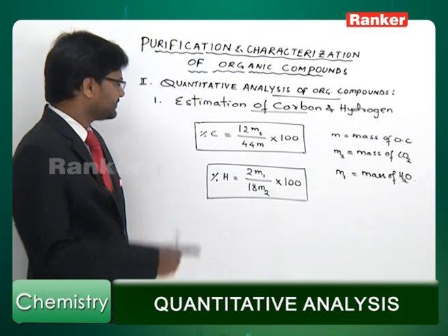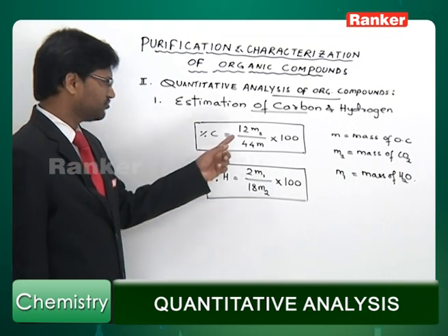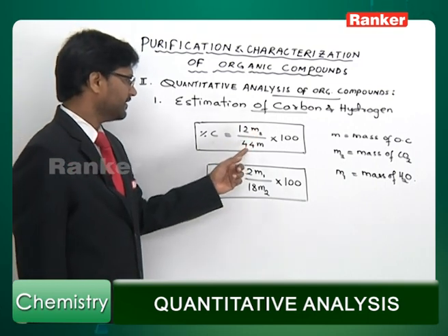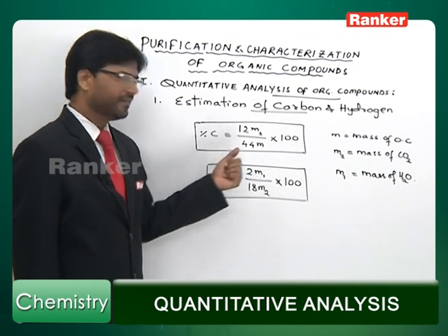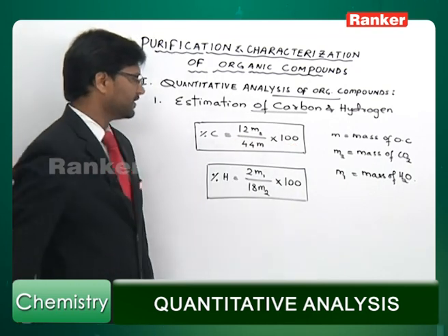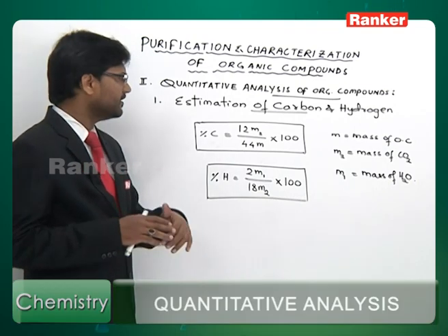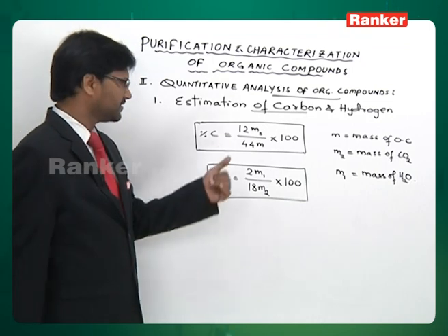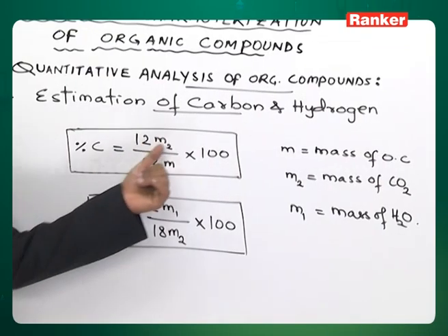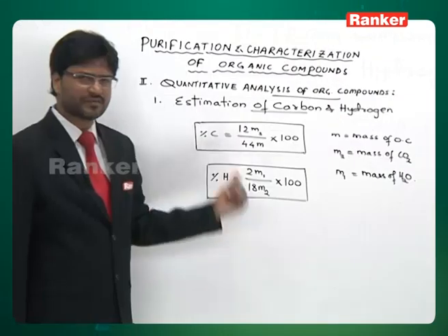Now, in that case, the percentage carbon can be obtained from this: 12 m2 by 44 m into 100, that gives percentage of carbon. Here I told you m2 is the mass of carbon dioxide. So, the weight of carbon in m2 grams of carbon dioxide is 12 m2 by 44 and this divided by m into 100 gives percentage of carbon.